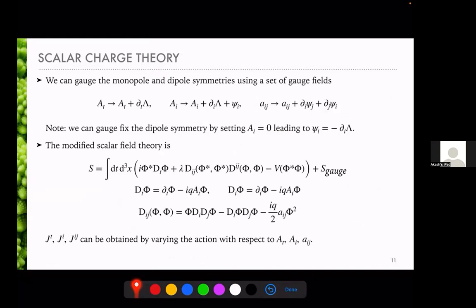Since A_i transforms linearly in psi, you can completely gauge fix psi by setting A_i to 0. Then psi just becomes minus grad lambda. So in that case, you just introduce one scalar gauge field which transforms like this, and one symmetric gauge field which transforms like this, where psi is given as grad lambda.